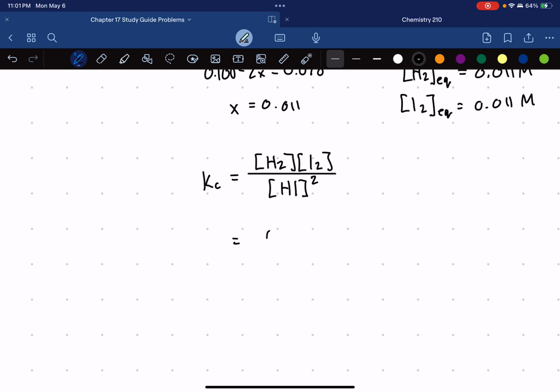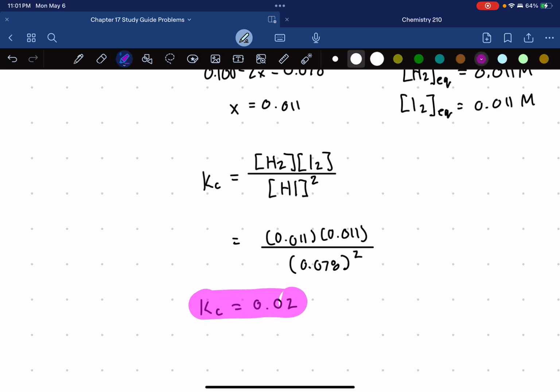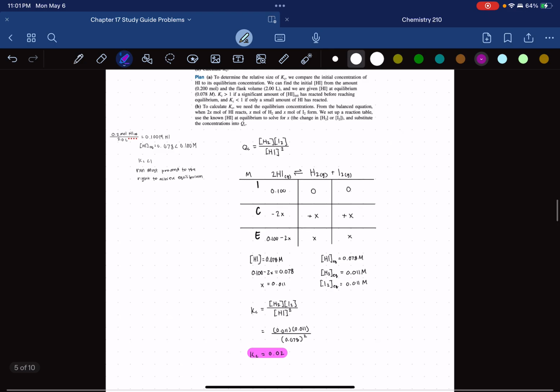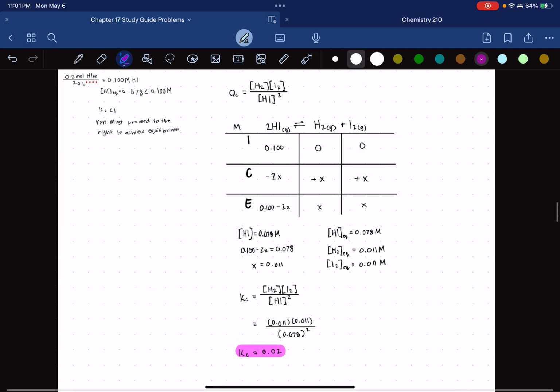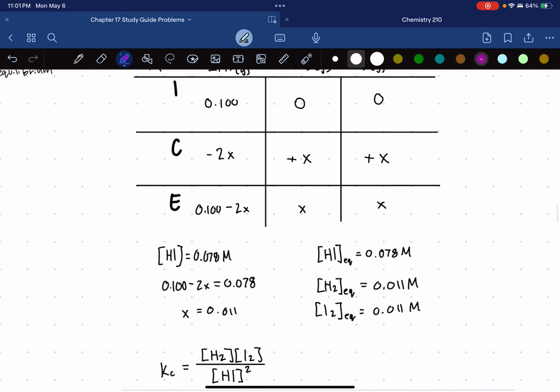This would give us 0.011 times 0.011 all over 0.078 raised to the power of 2, giving us our Kc as 0.02. And that is how we use a reaction table to find our value of Qc and our equilibrium values.